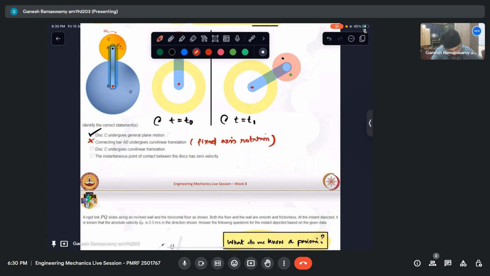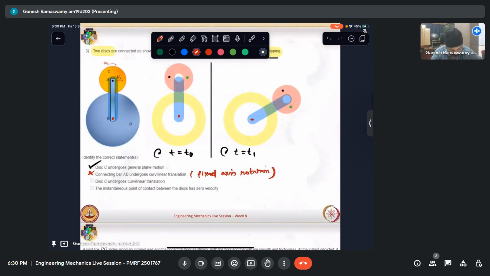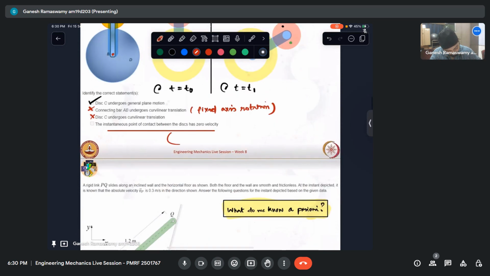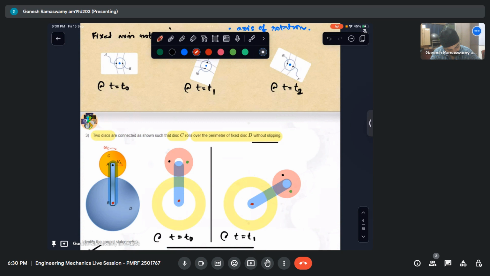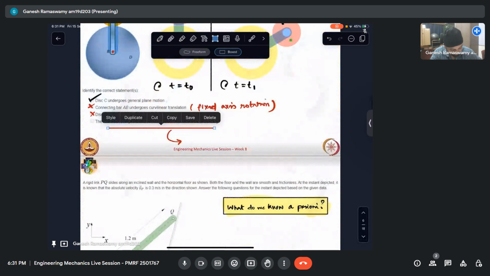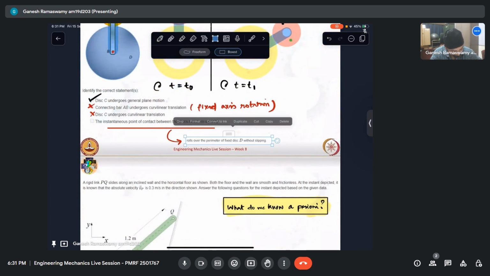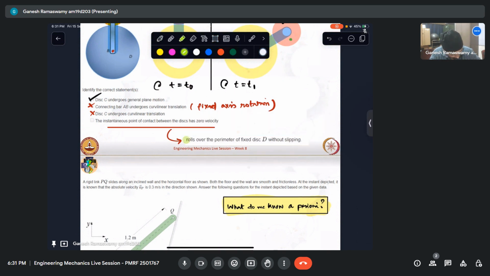Disk C is undergoing curvilinear translation. Now that we have identified it is undergoing general plane motion, it certainly cannot be true. The instantaneous point of contact between the disks has zero velocity. Now the question says, let me copy and put it here as the reason for why this is, because it rolls without slipping.